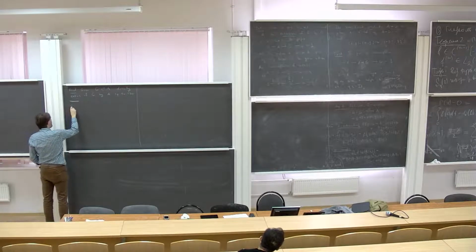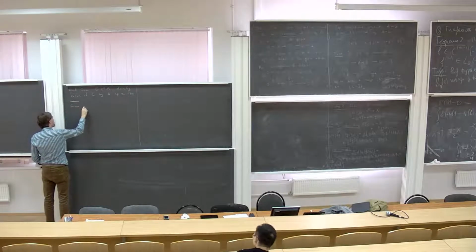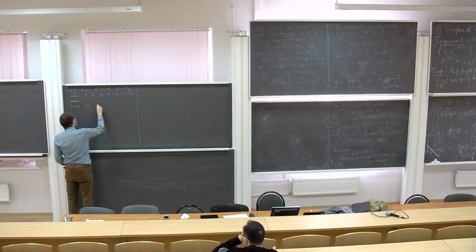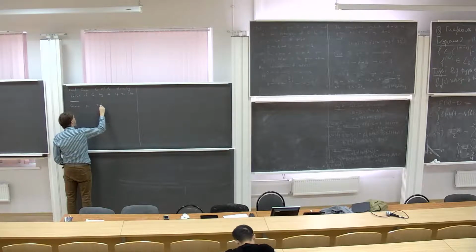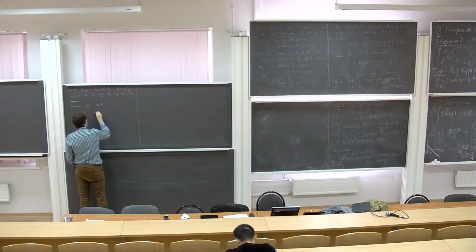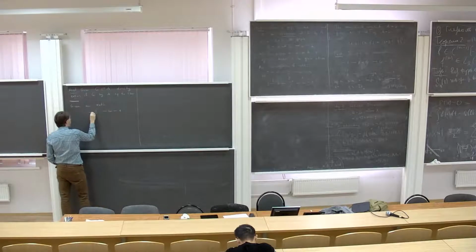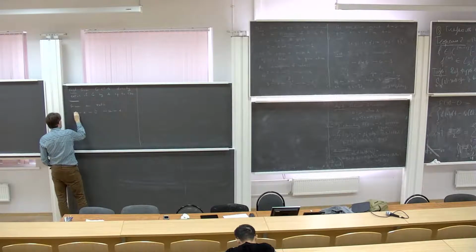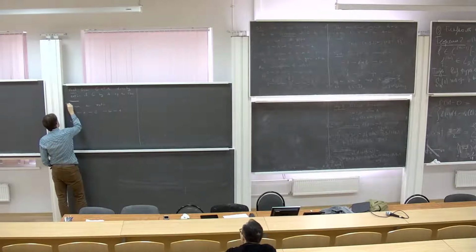So given an extension, G tilde, G, 1, A, 0. So let me give this as a definition.